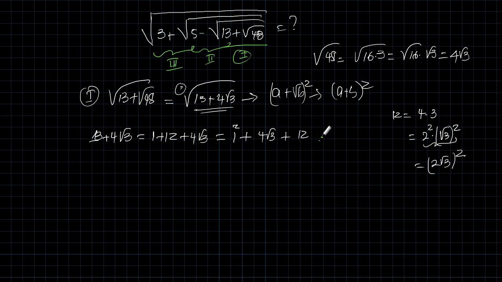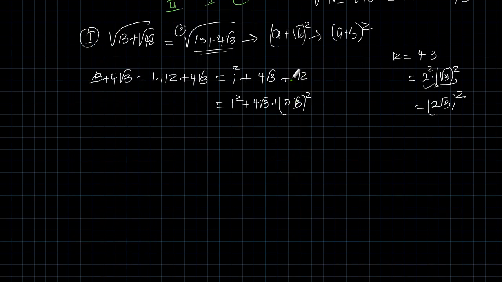So 12, again, I'm going to write this as 1 squared plus 4 square root of 3 plus 2 square root of 3 to the power 2. So how do I know that I have a perfect square? This is 1 squared plus 2 times 1 times the square root of 3, plus 2 square root of 3 squared, like we have in this identity.